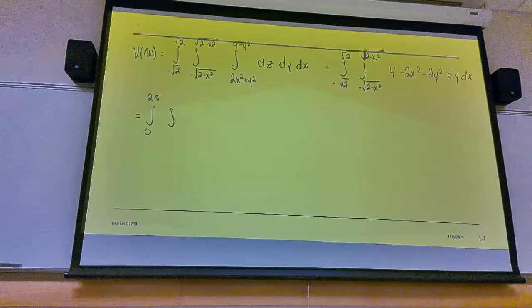Inner limits, which are for R. From 0 to 2. 0 to 2. I agree, 0. 0 to root 2. Oh. Radius is root 2. What does the integrand become? 4 minus 4r squared. And what does dy dx become? dr d theta. R dr d theta.